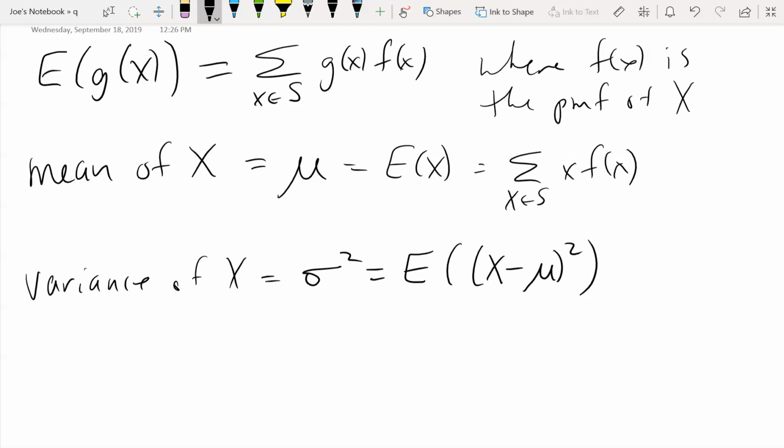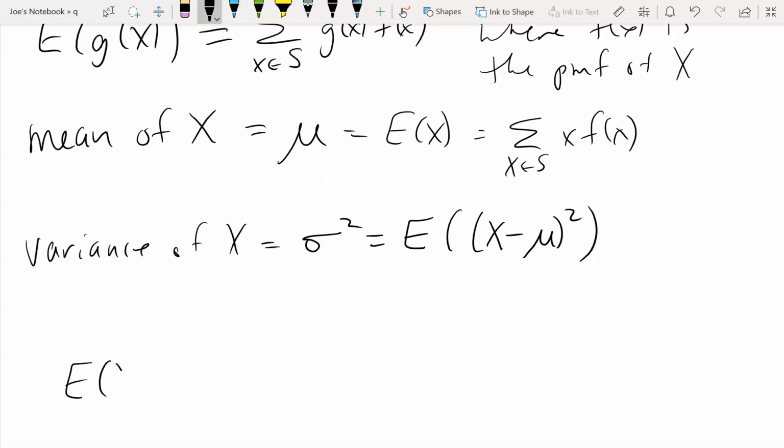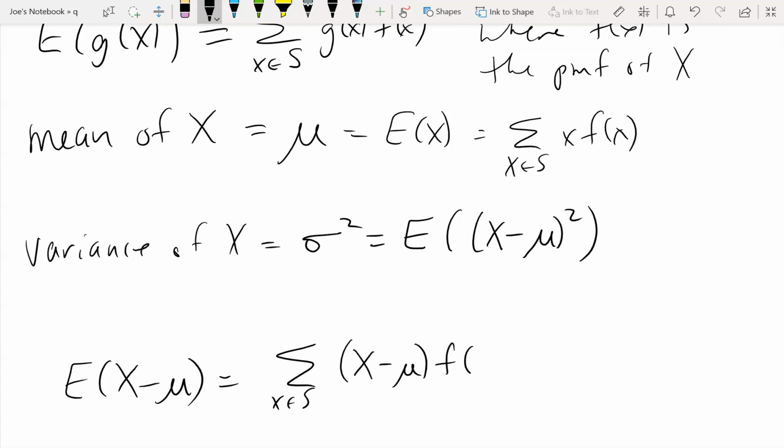Okay? If I didn't have this squared here, let's think about what would happen before I do an example with this. If I just had expected value of x minus mu, for example, if that's all I had, then by definition, this would say this, right? Because the x minus mu is my g of x.